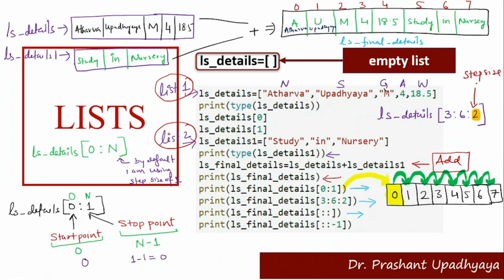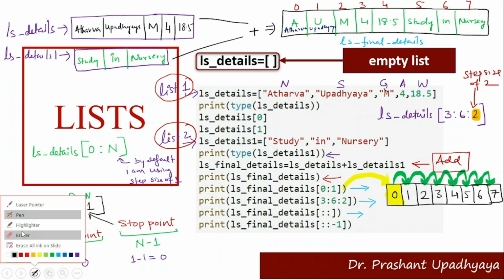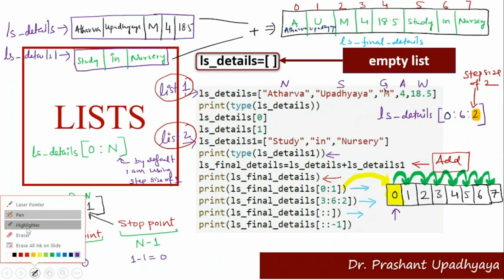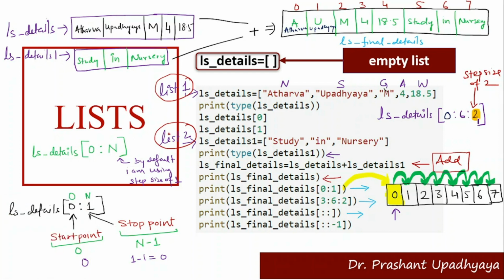Just for understanding, I'm erasing this 3 and writing 0 here. Now my initial point will start from 0, and now I have to take an increment of 2, a step size of 2.